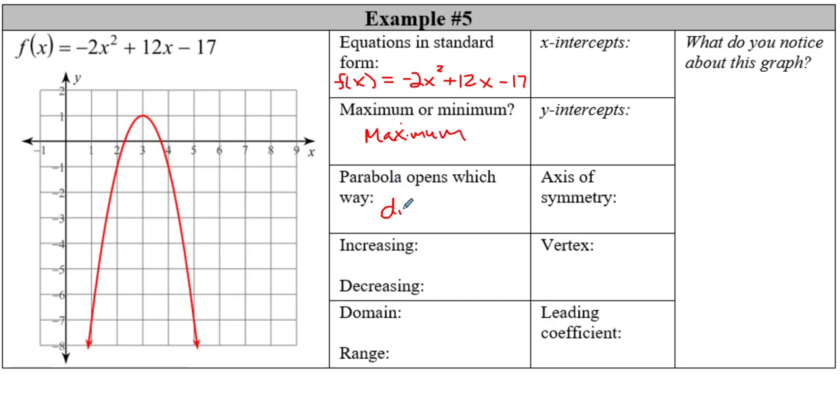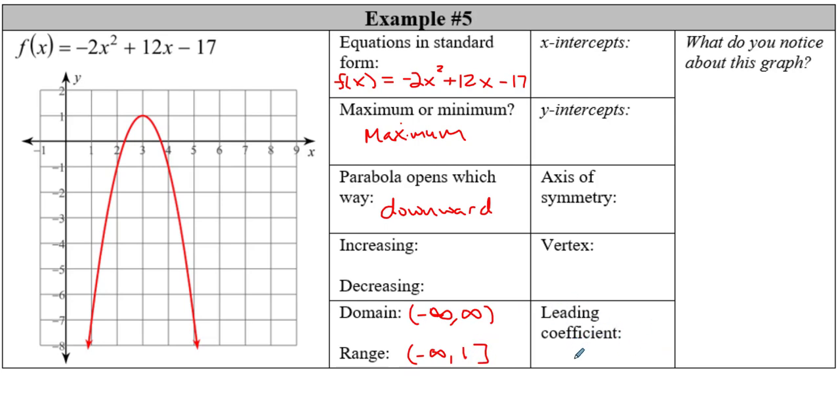Parabola opens downward. Another piece that I already know is my domain. That is always -infinity to infinity. Our range looks like we are going up to +1, so we are going -infinity to +1. We're going to include that.